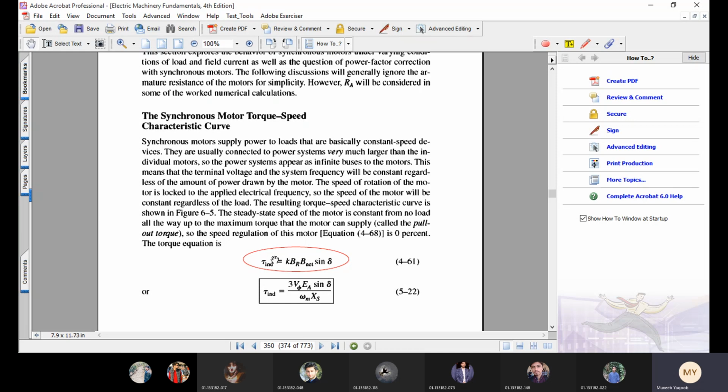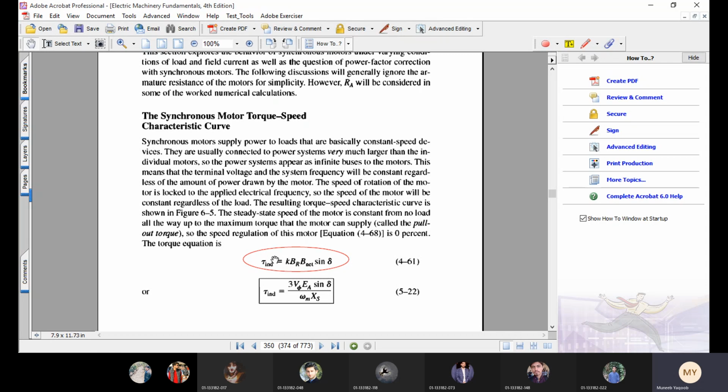Now, due to this increase in the torque angle delta, sine of delta is increased, because for sine theta, we can say if theta increases, sine of theta increases from 0 to 90 degrees. I told you earlier that synchronous machines typically operate at an angle of 15 to 20 degrees.